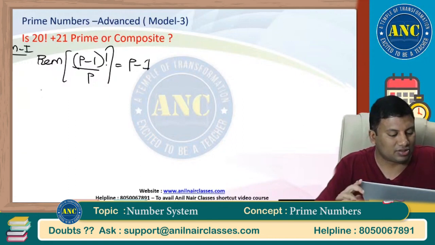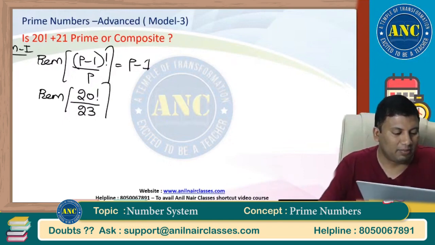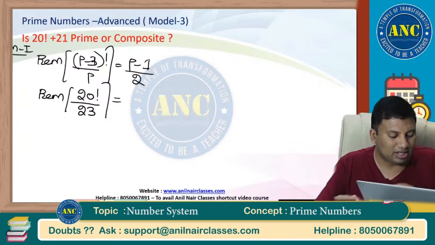So, 20 factorial by 23 is the (p minus 3) factorial case, so let us take (p minus 1) by 2. 23 minus 1 is 22, by 2 is 11. Nothing but 24 by 2, which is 12.